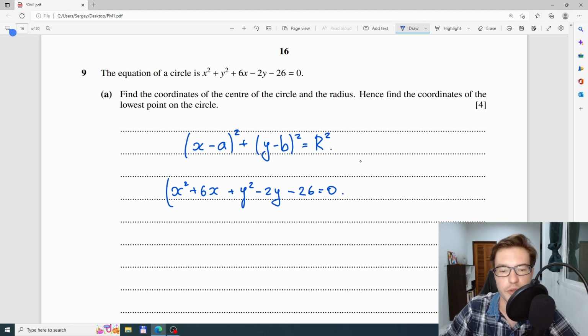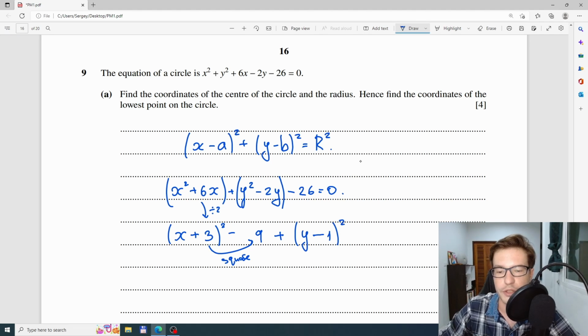Now I'm going to complete the square in these two brackets, so x plus, remember how to complete the square, it's going to be half of the number which used to be next to x, squared, minus, always the square, so minus 9, plus y minus half of the number, which is 1, squared, minus the square, 1.